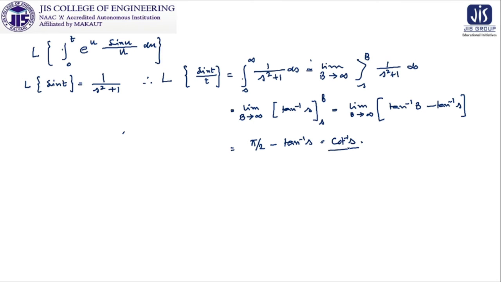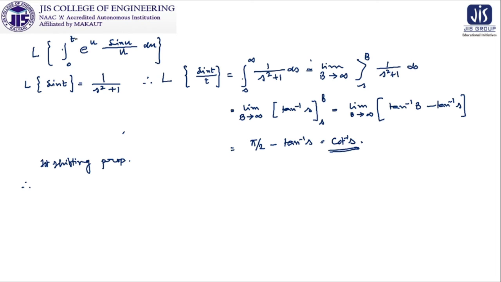It is separately a very important problem that the Laplace transform of sin t by t is cot inverse s. It is a separate problem, but a very important one. But now we have a different problem, which means some extension will be required. So as we got the Laplace transform of sin t by t as cot inverse s, then using the first shifting property, why are we using the first shifting property?